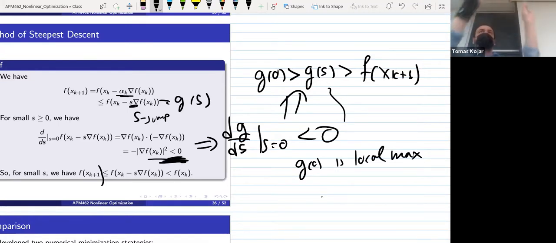So the derivative is dropping; for a local min, the derivative is increasing. So we get that this is negative, so the initial value is a local max. Then just take any s from the neighborhood of the local max. That's what local max means. You can pick a guy from there.